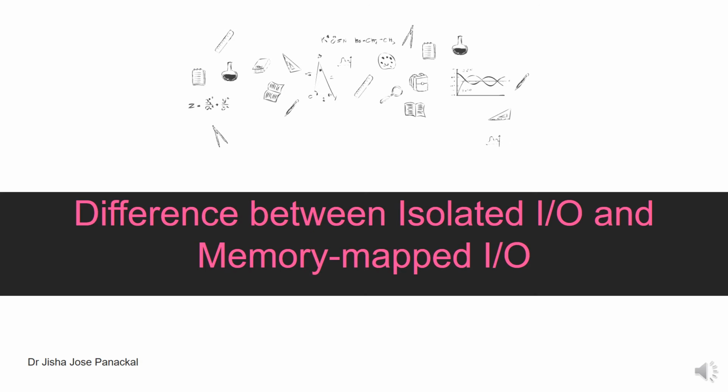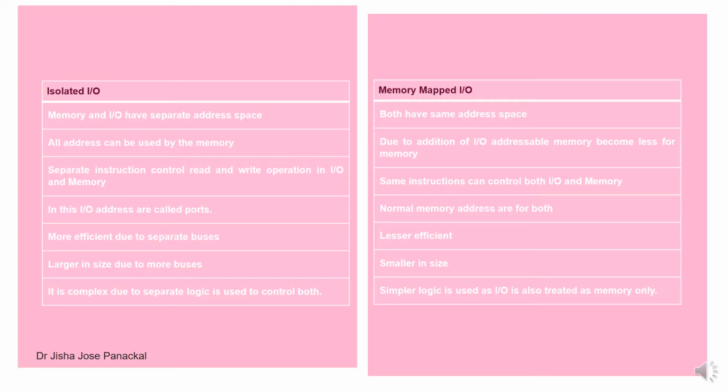So now let's see some differences between isolated IO and memory mapped IO. In isolated IO, memory and IO have separate address spaces, but in memory mapped IO both have the same address space.